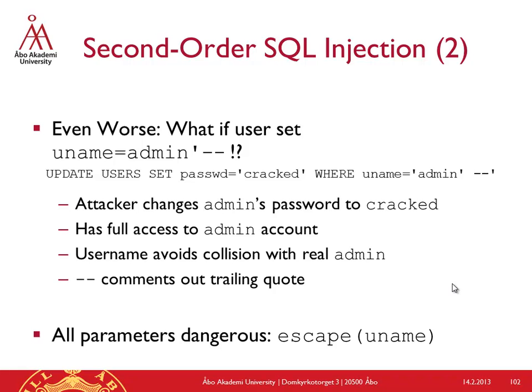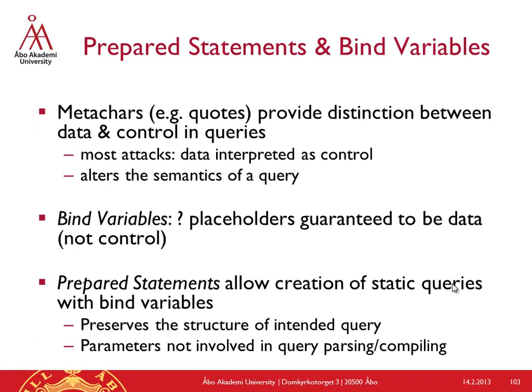It will change the password for the administrator of this site to the wanted parameter. Not very nice, not very useful, not very safe, I would say. So this particular SQL injection uses this particular username that was already stored in our database. Right? So you have to escape all dangerous parameters then.